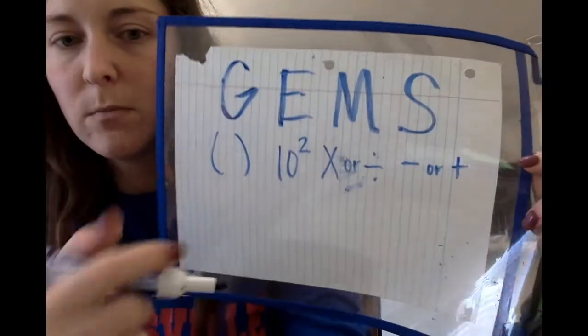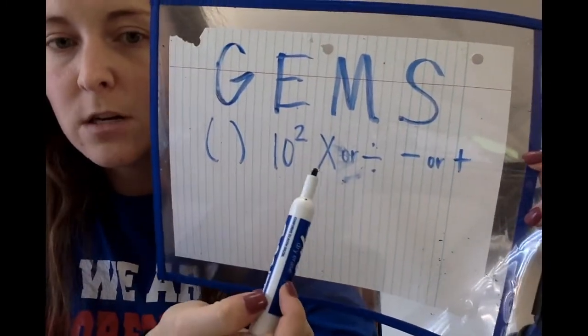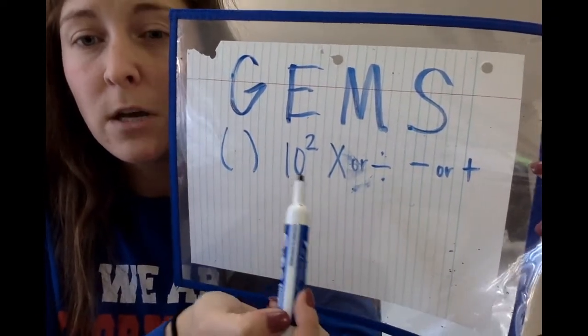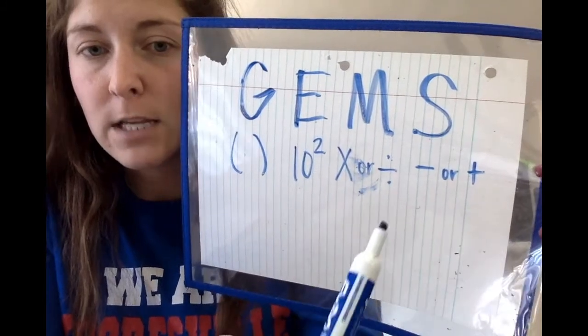So for the word GEMS, the G stands for grouping symbols, E stands for exponents, the M stands for multiplication or division, and the S stands for subtraction or addition. We have to remember that for multiplication or division, and addition or subtraction, we solve whichever one comes first when we read the problem from left to right. So that is important to remember there as well.